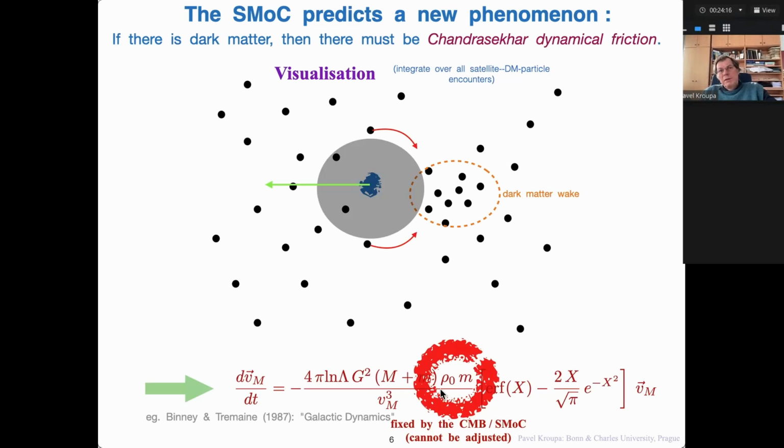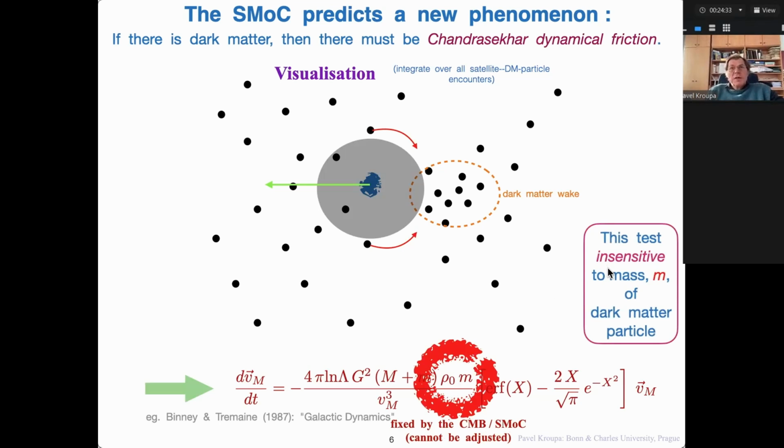So this quantity here is fixed by the model, essentially the Big Bang model, so by the ΛCDM model, which is fit to the CMB properties. And so this is not a free parameter one can choose. So this test is insensitive to the mass of the particles. It's only sensitive to the mass density of the dark matter, fixed by the model.